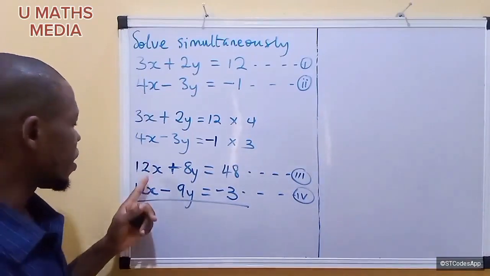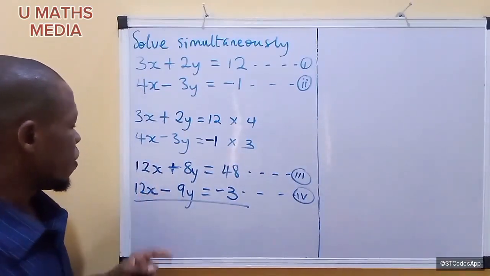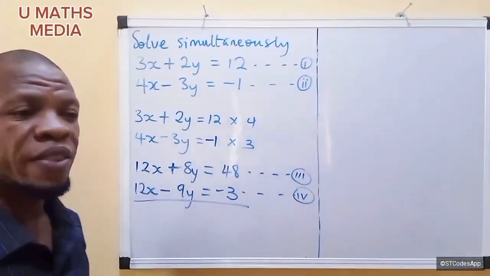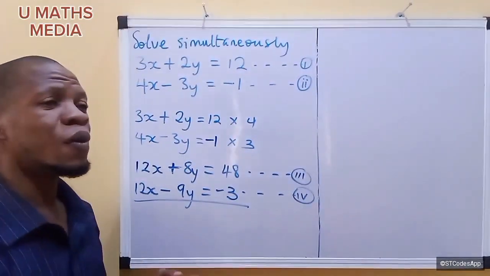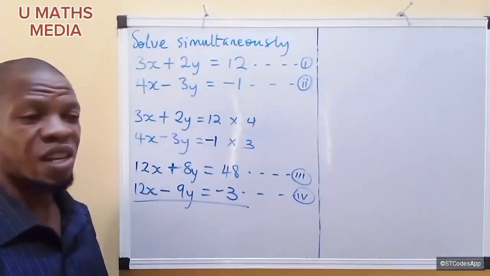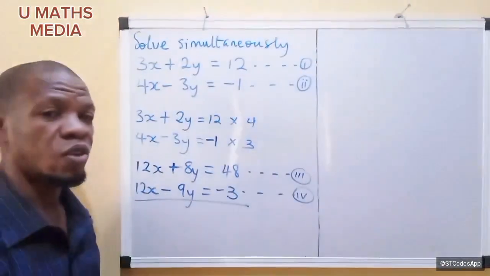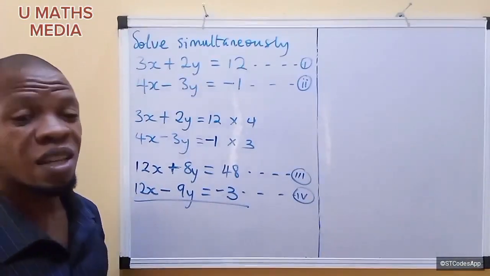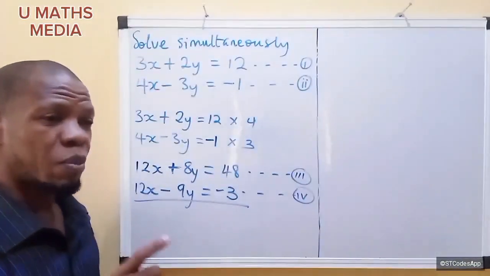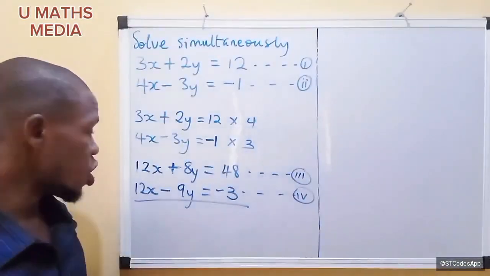So how do we eliminate x here? Another important thing which I need to explain, which a lot of students do not understand, is how numbers are actually eliminated, whether it's by addition or subtraction. A lot of students just think that numbers get eliminated just like that. No, a number must be eliminated either by addition or subtraction.